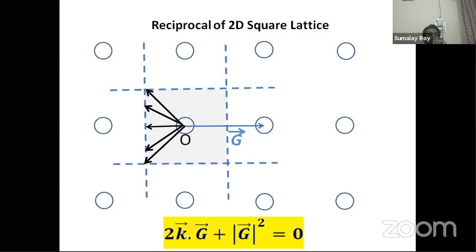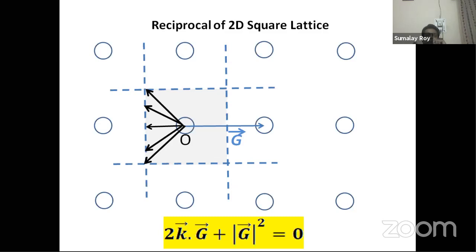Similarly, all the vectors in the lower part, all the vectors in the right part. So the point is, all the vectors which originate from the origin and end up on the boundary of the Wigner-Seitz cell, no matter wherever it ends, will satisfy this Bragg condition.